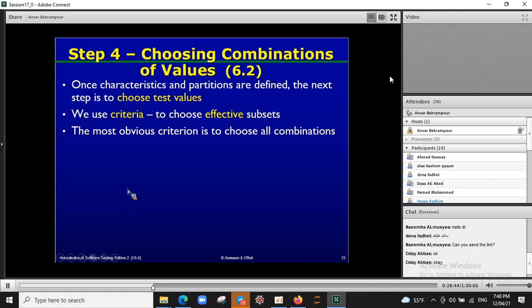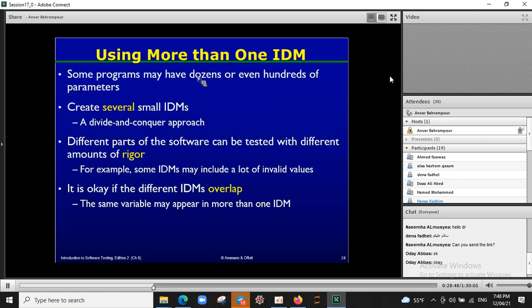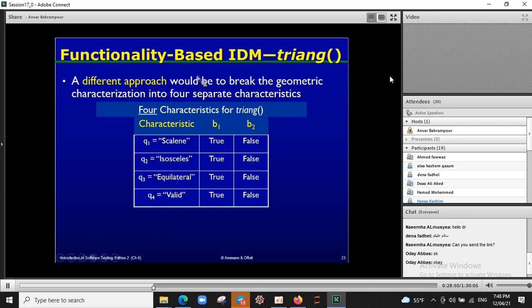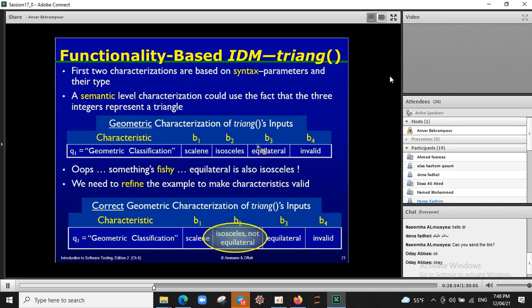The main problem in this area is how we can choose combinations of values.